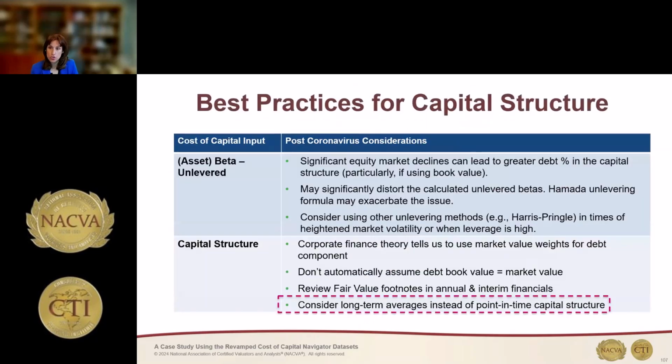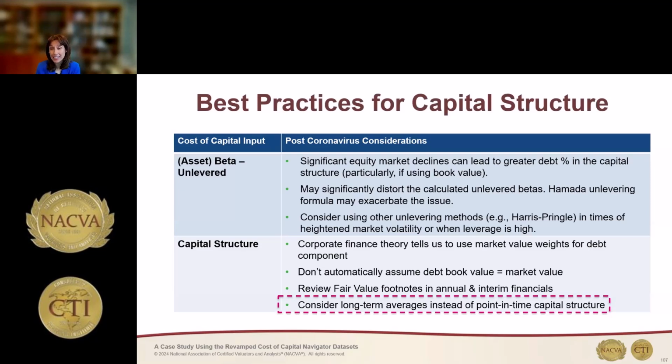Now, on the capital structure, like your best practices, so things to take into account. I said that sometimes the industry average doesn't work. You know where it didn't work? During the global financial crisis and during the height of COVID. And the reason is because we tend to use the book value of debt as a proxy for market value.